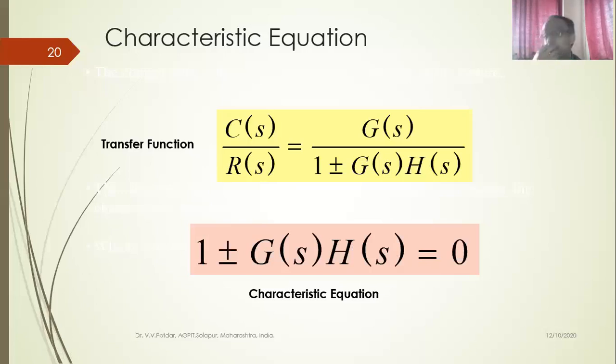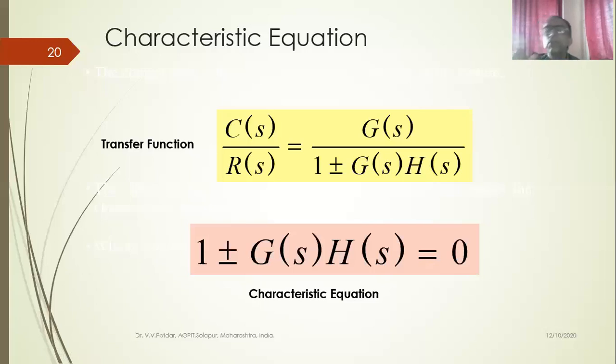What do you mean by the character of that system? When I solve that polynomial in s, please be attentive and listen very carefully. As I said, s square plus 3s plus 5 equal to 0. If it is a second order equation, I'll get two values for s.